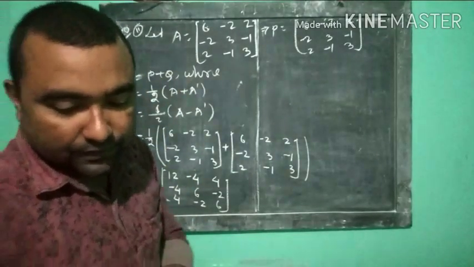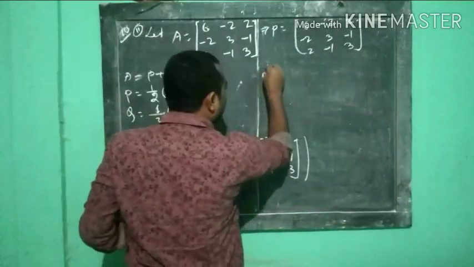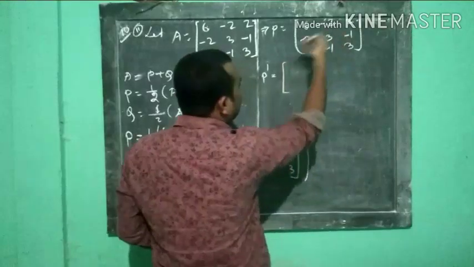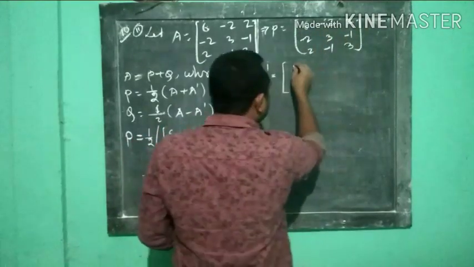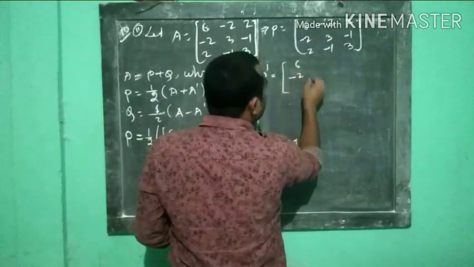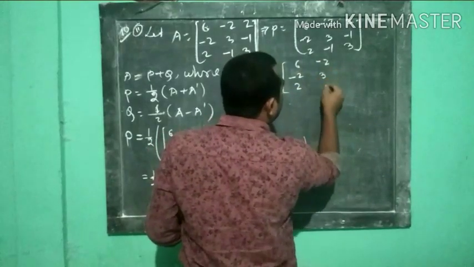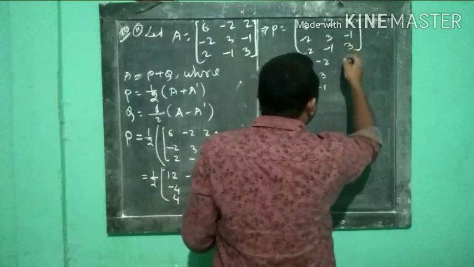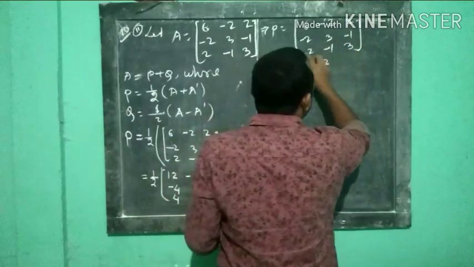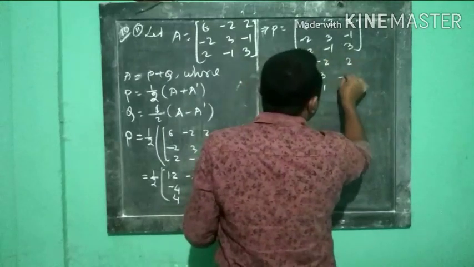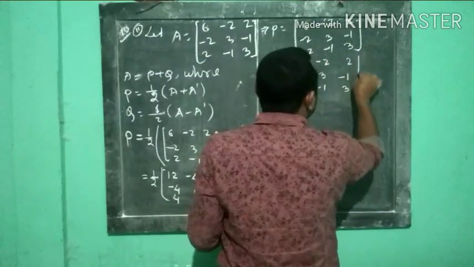Now P transpose equals what? If we interchange the rows and columns, the first row is the first column: 6, minus 2, 2; minus 2, 3, minus 1; and the third row is 2, minus 1, 3.